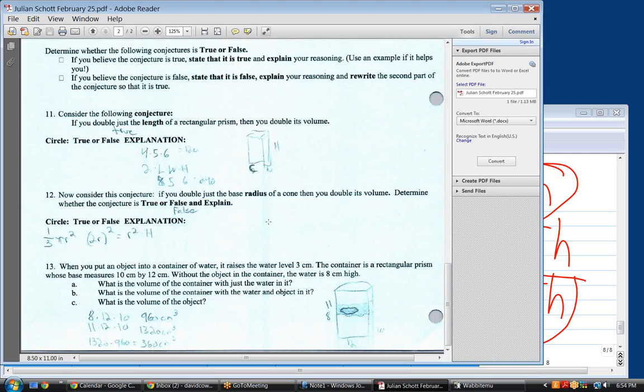That's what 4 times is. So you knew that it was 4 times, you just didn't know the word quadruple? But when they say, take this premise and change it so that it's true, we just did. In other words, if you double the base radius of a cone, then you quadruple its volume. You don't double.